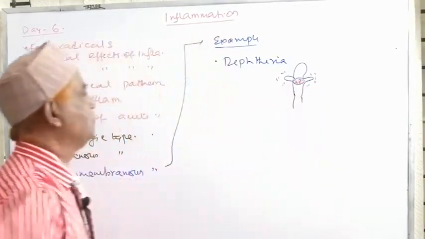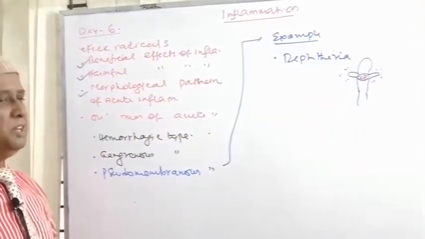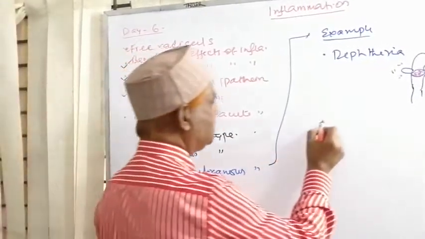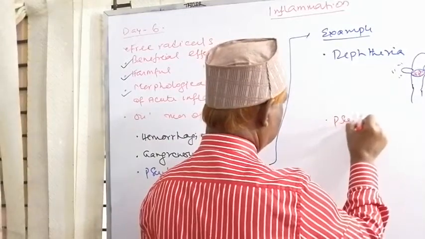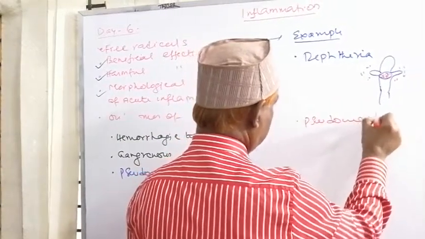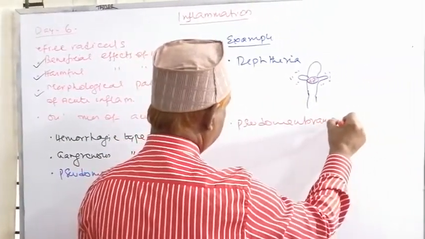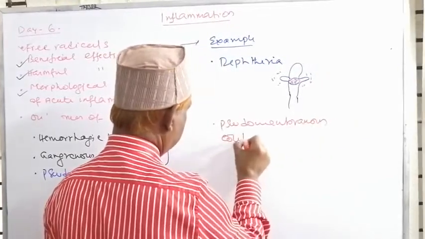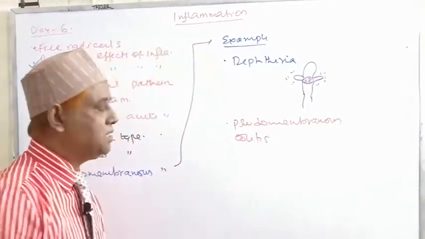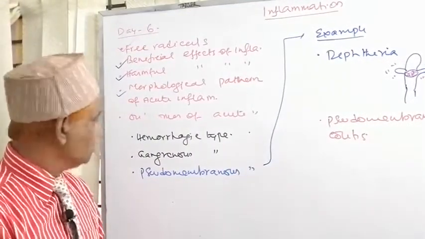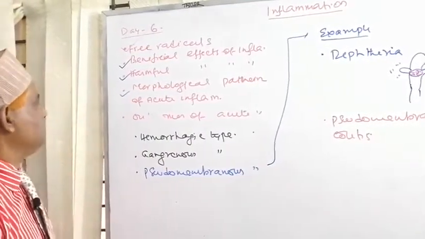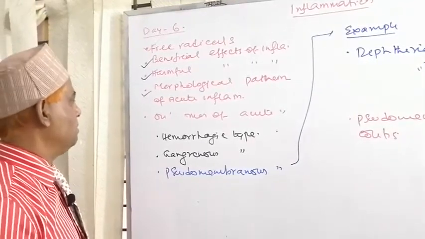This is example of false membrane formation in diphtheria. Sometimes in pseudomembranous colitis, in this type of colitis, pseudomembrane is formed in the lumen of the colon. So these are the morphological variants, morphological types of acute inflammation.